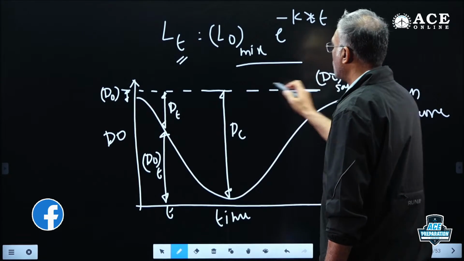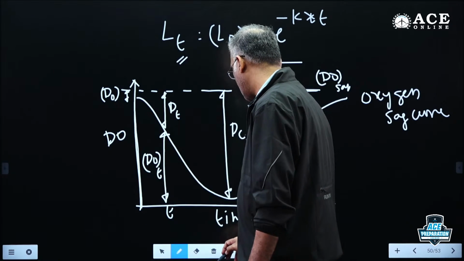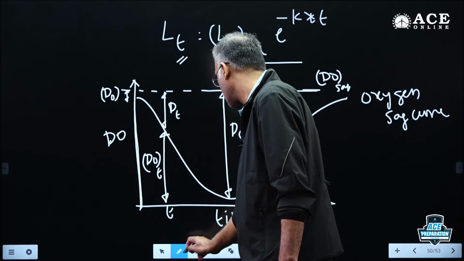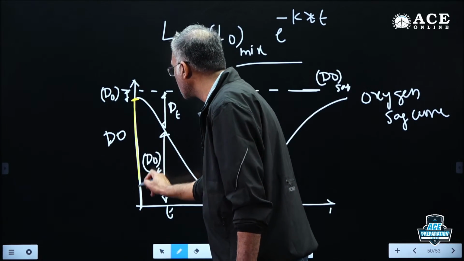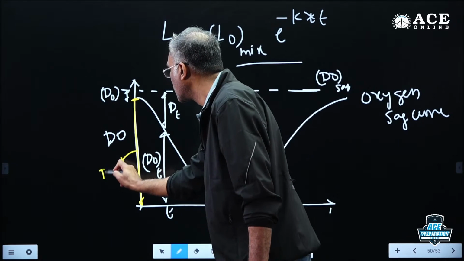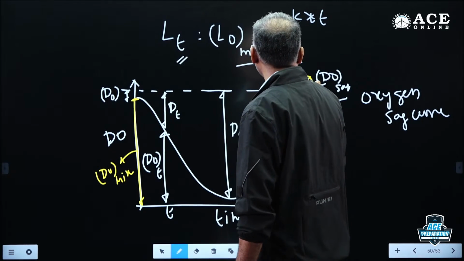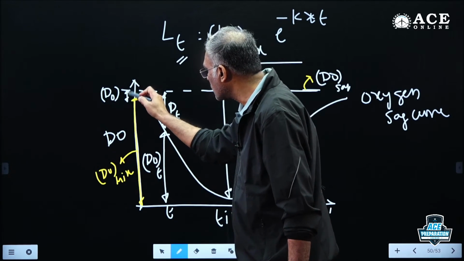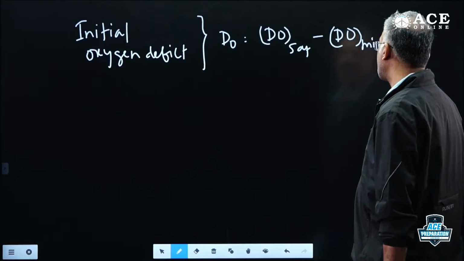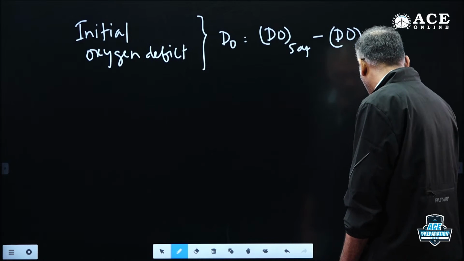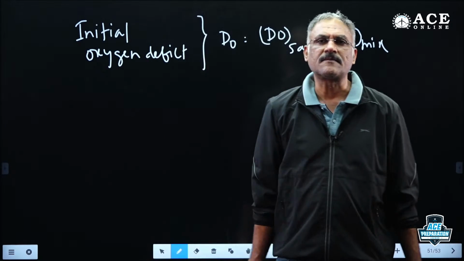So DO sat minus DO mix will give D0. Understood? This question was asked in the GATE exam. And in addition to that, deficit of oxygen at any time t is a long equation, so such questions are no way in the GATE exam.